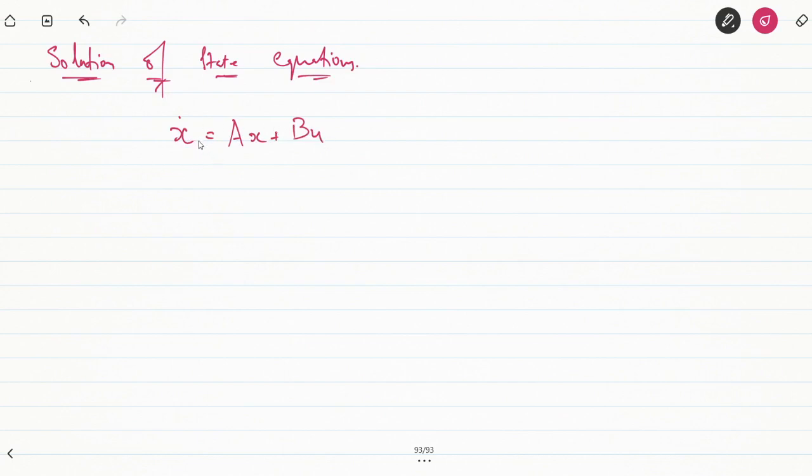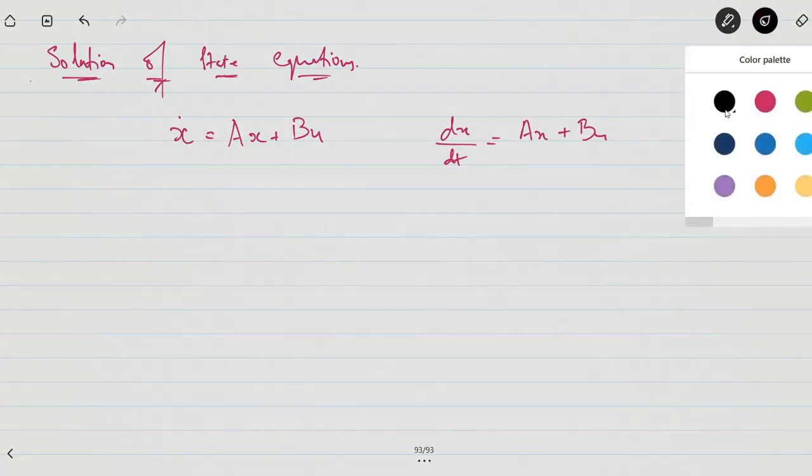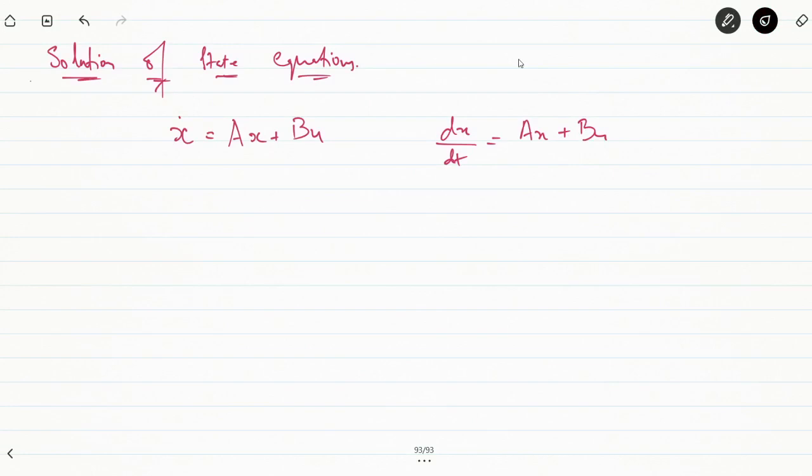This is basically a differential equation, in other words dx/dt = Ax + Bu. We know we can solve a differential equation by finding its complementary function and particular integral, or by using Laplace transforms into the s domain. By solution, we mean we need to obtain x(t) from this differential equation.